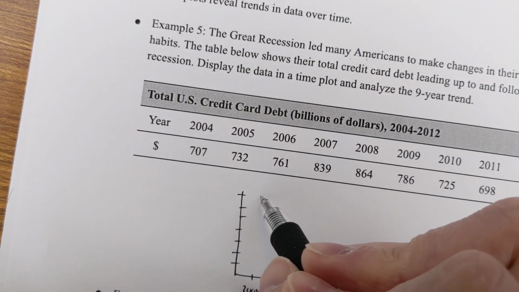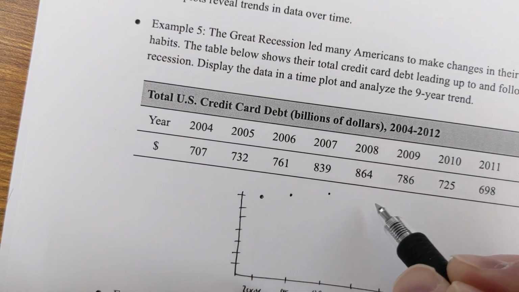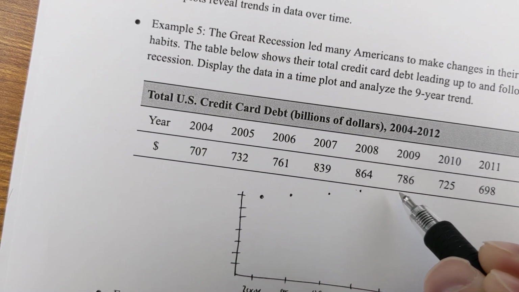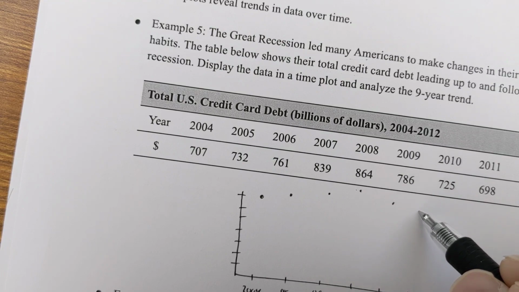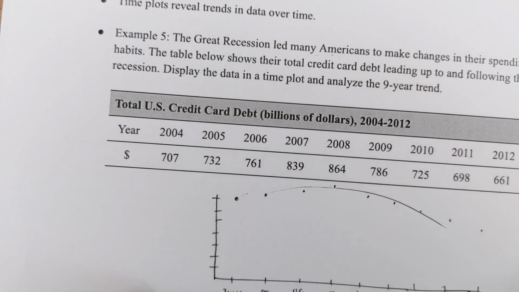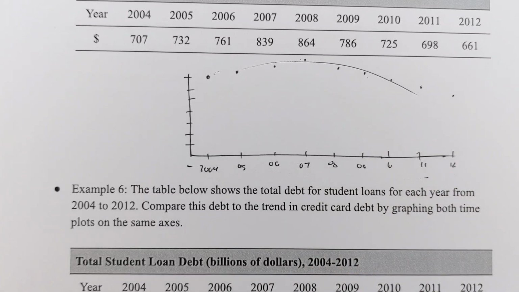So a little bit more. 07, whoops, that's 39. So it starts to come back down. 09 is 86. So, kind of a pattern like that. So that's just a time plot. It's a scatter plot where your x-axis is time units.